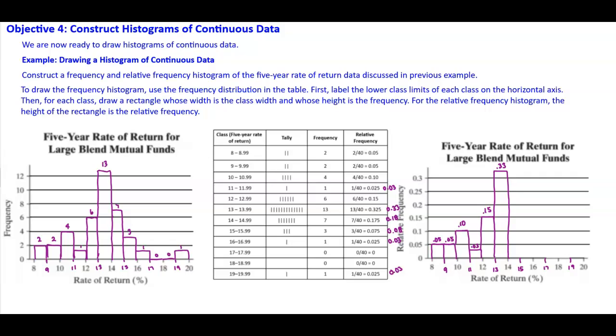Between 14 and 14.99 is 0.18. Between 15 and 15.99 is 0.08. Between 16 and 16.99, it's 0.03.